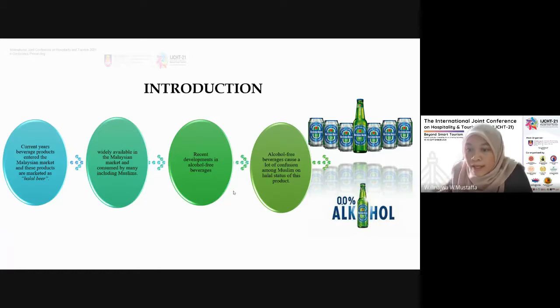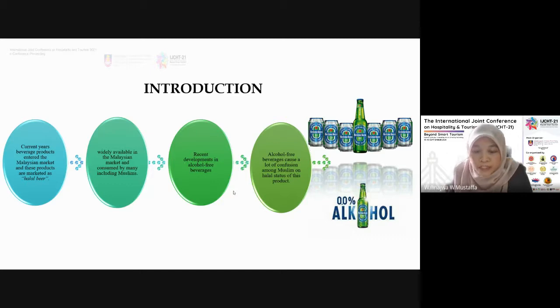Alcohol-free beverages can potentially cause a lot of confusion among Muslim consumers due to various issues, particularly the halal status of these products.